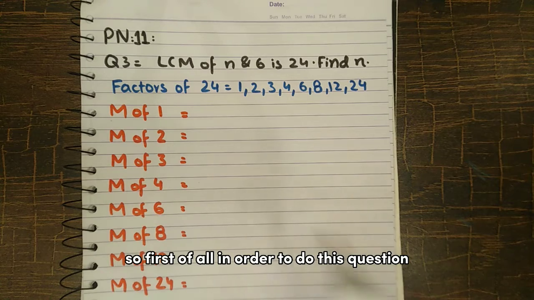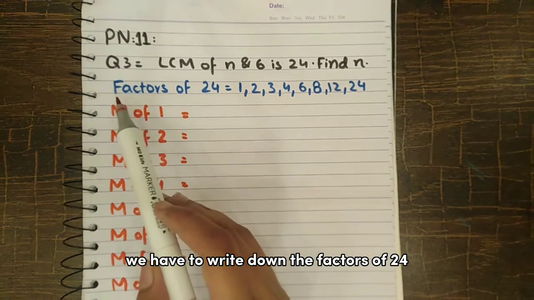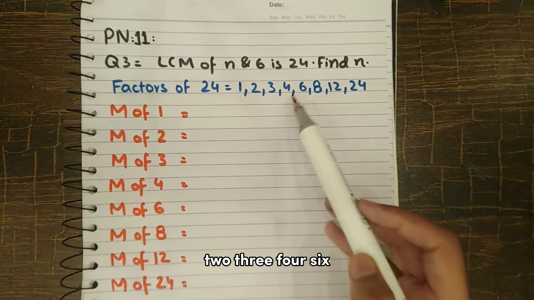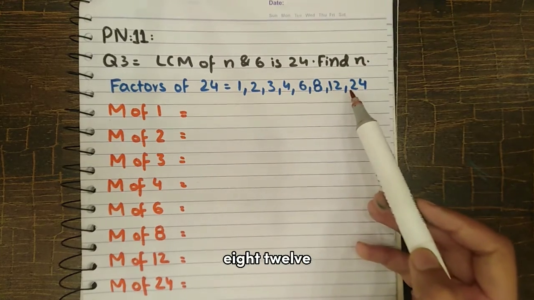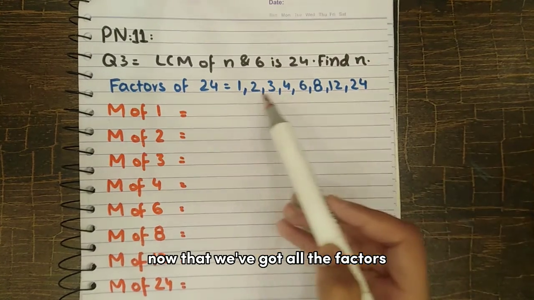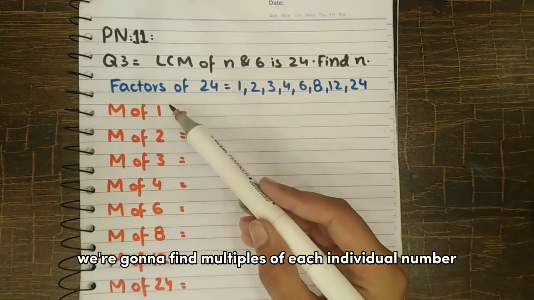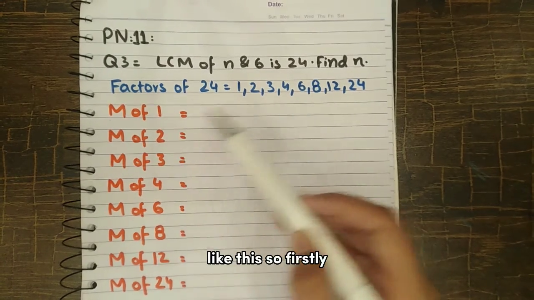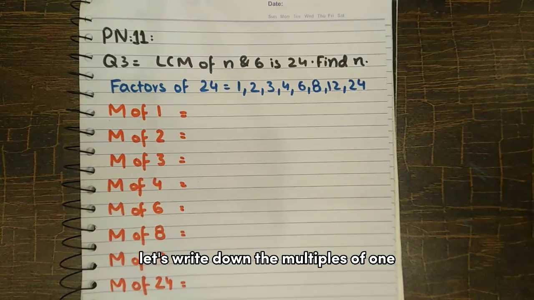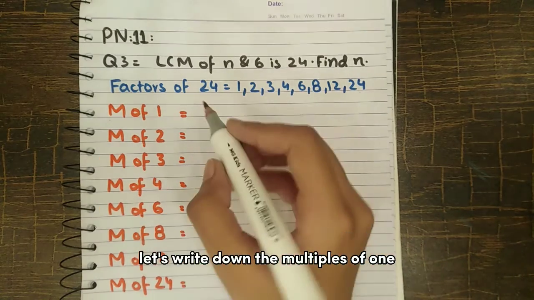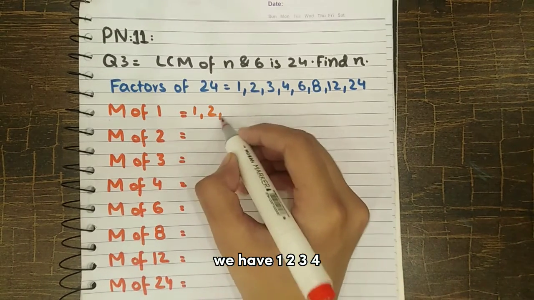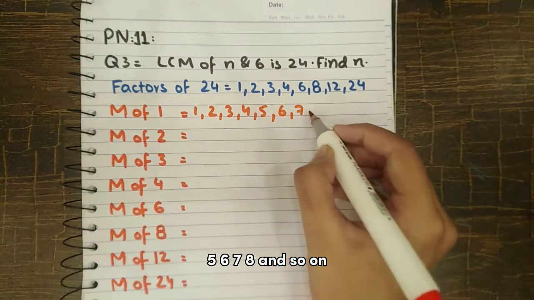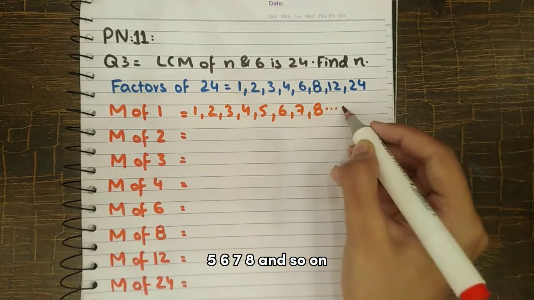So first of all, in order to do this question, we have to write down the factors of 24, which is 1, 2, 3, 4, 6, 8, 12, and 24. Now that we've got all the factors, we're going to find multiples of each individual number. So firstly, let's write down the multiples of 1: 1, 2, 3, 4, 5, 6, 7, 8, and so on.